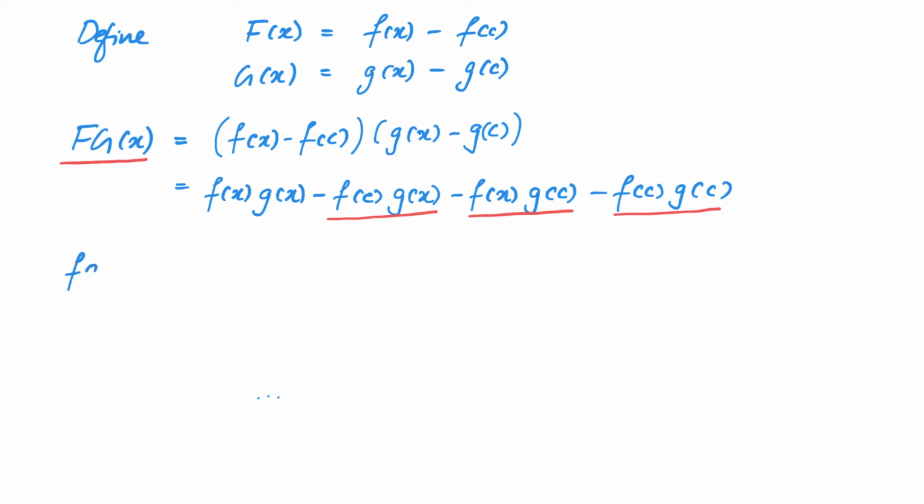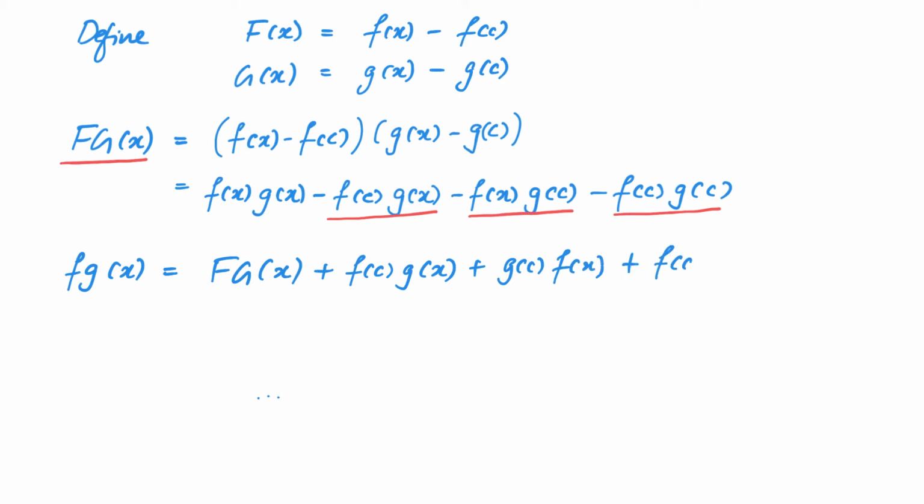But we can rewrite this expression as follows. We can write fg(x) as equal to capital FG(x) plus f(c) times g(x) plus g(c) times f(x) minus f(c)g(c). That is, fg is a sum of differentiable functions and therefore by the previous result we know that fg is differentiable.